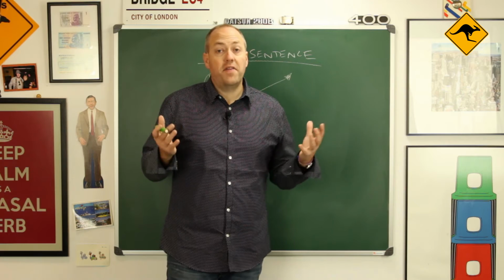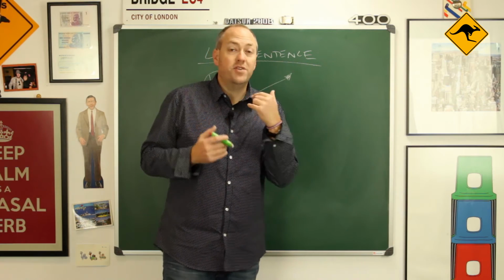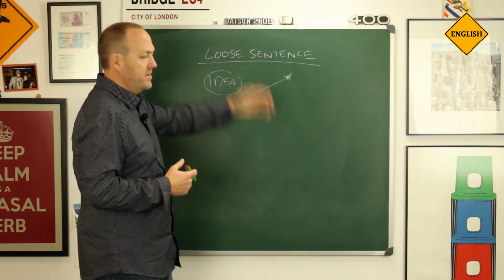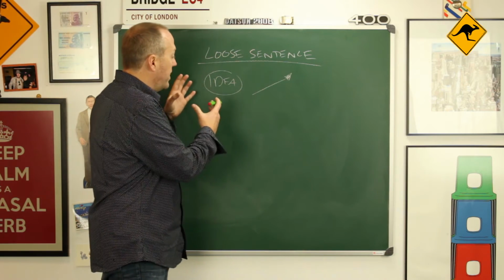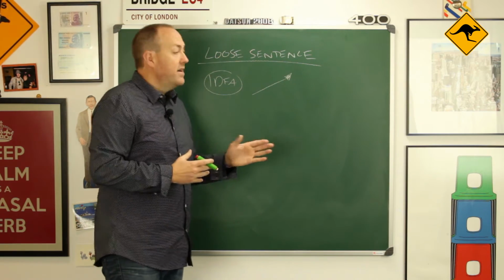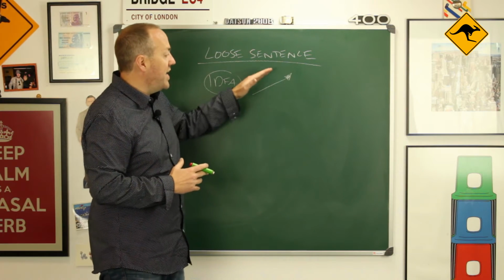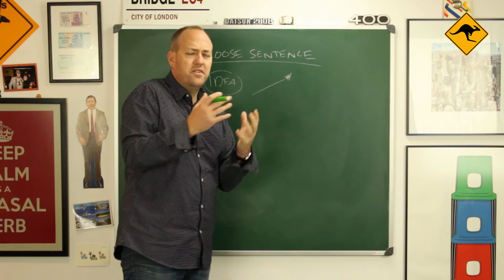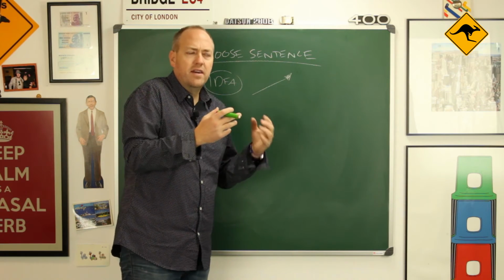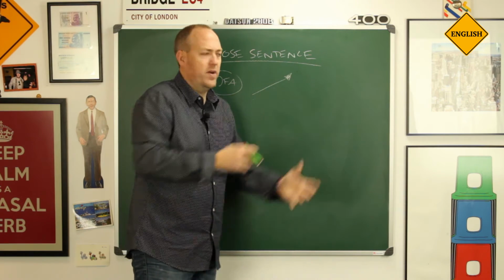So another thing that you could try is using a loose sentence. A loose sentence is where we introduce our idea at the beginning, and then we just add extra information. It creates a sense of poetry, of something continuing.